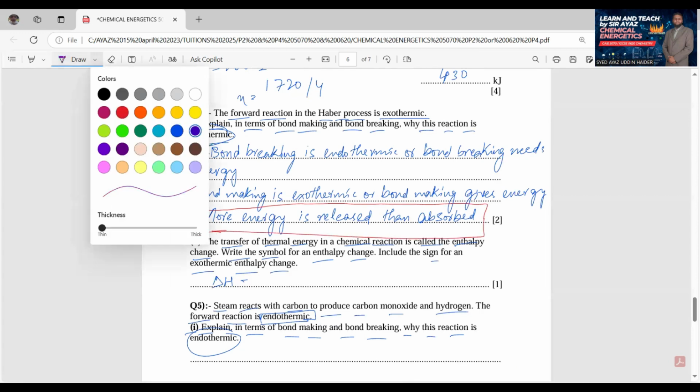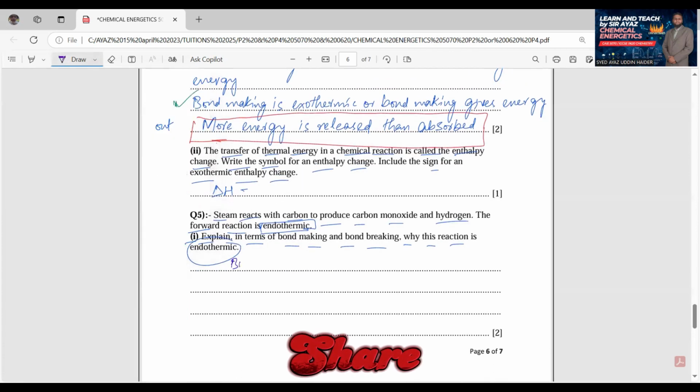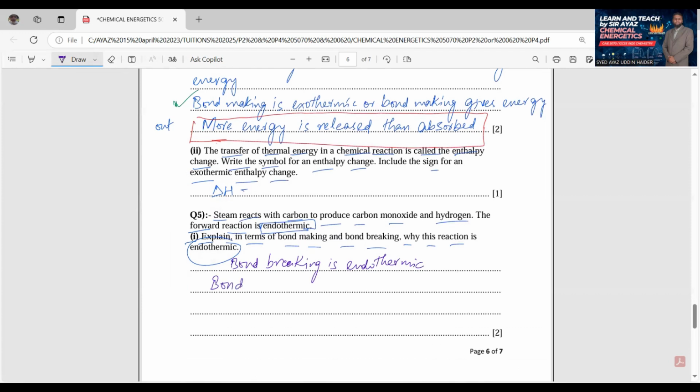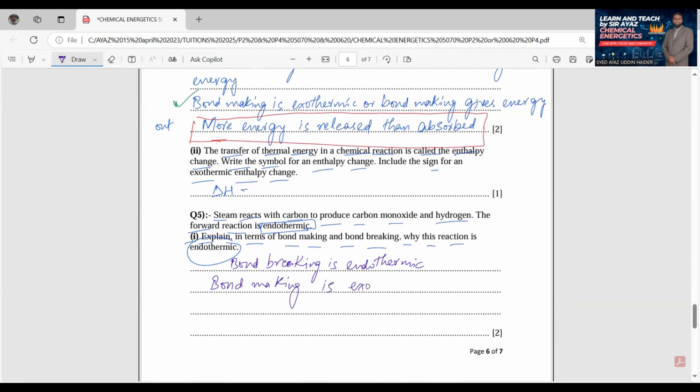So now I will write down the statement. Bond breaking is endothermic. Bond making is exothermic. Now, in this reaction, we have endothermic. So what you will write?